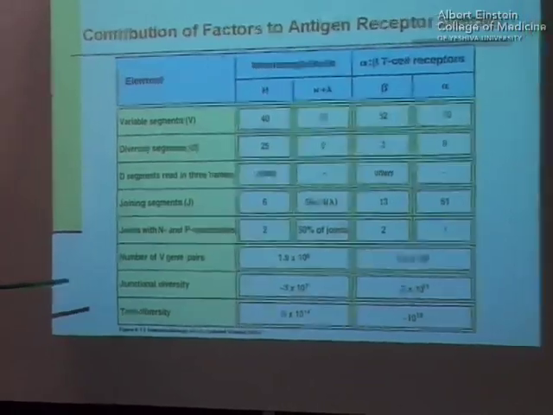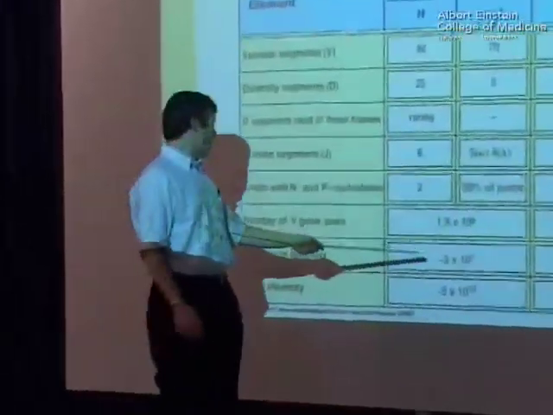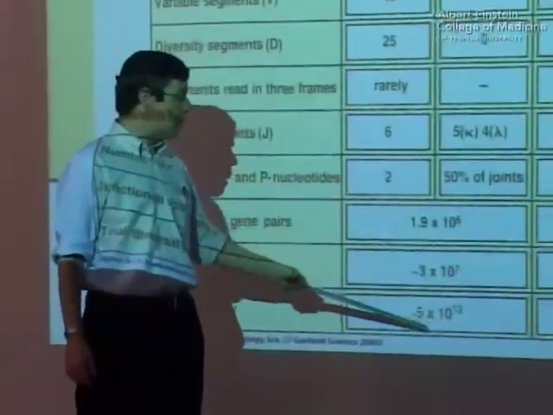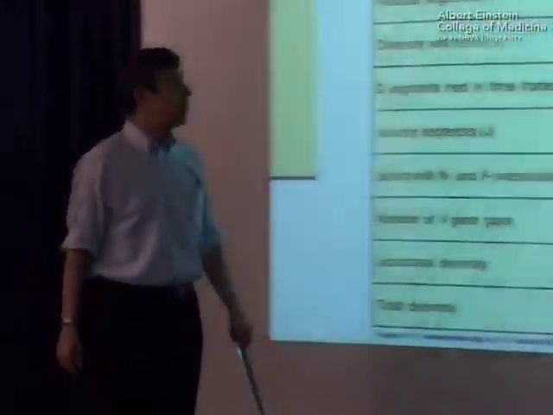When you add nucleotides, you can see that dramatically increases it. You multiply these 2 out, and again, for immunoglobulin molecules, you come up with 5 times 10 to the 13th possibilities, and for the T cell receptor, you come out with 10 to the 18th possibilities. So that's a large amount of variation.